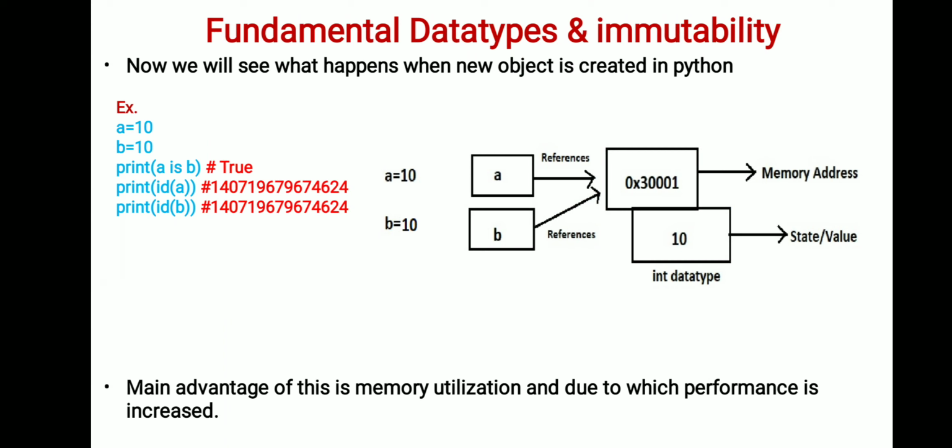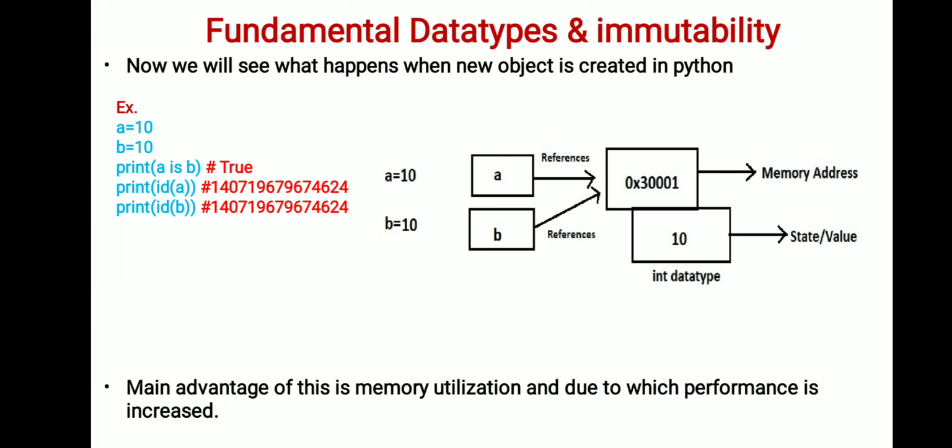Now we can conclude that in Python, if a new object is created, then it will not be created directly. First the Python virtual machine will check whether an object with the required value is present or not. If it is present, then it will be reused.